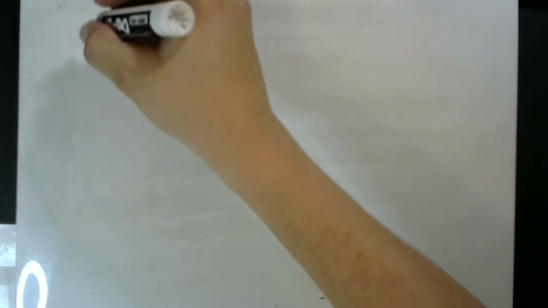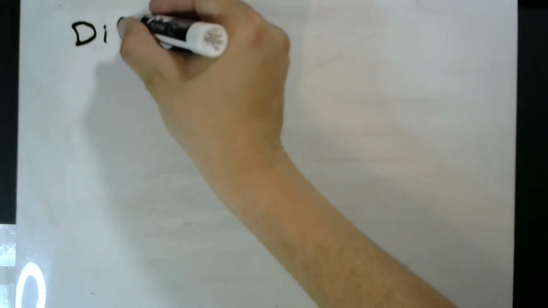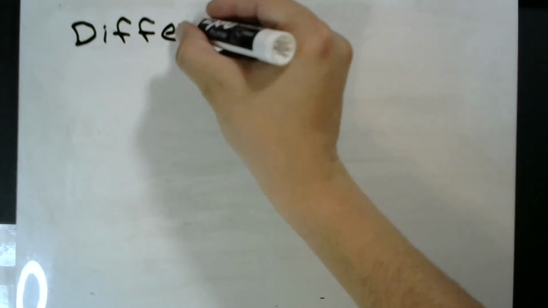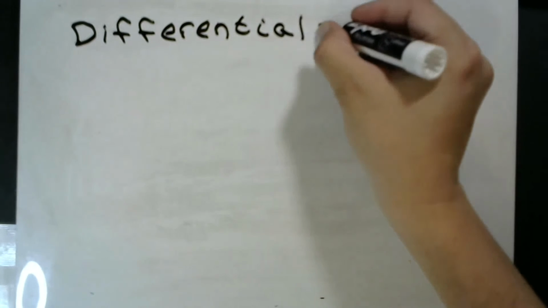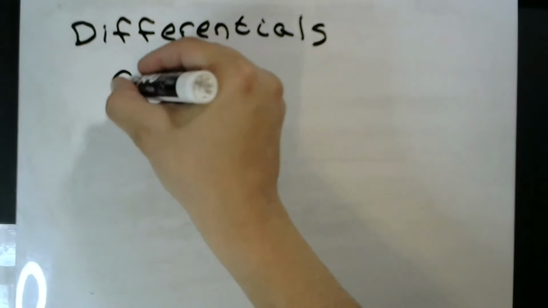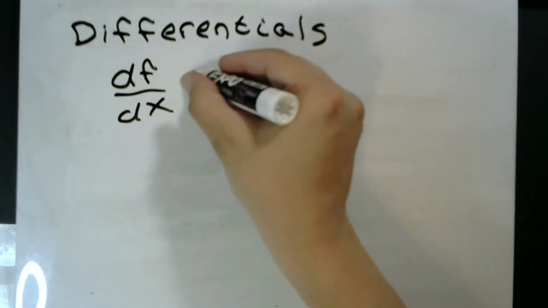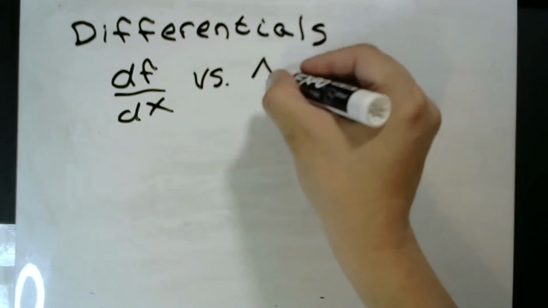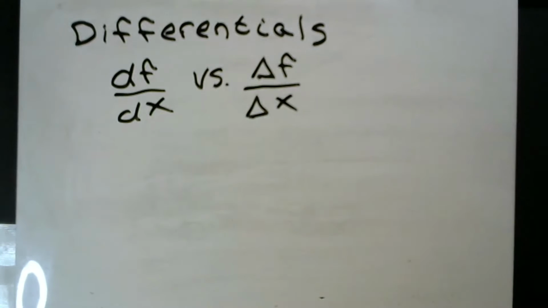Now, the next thing they talk about are differentials. And what we're looking at is something in the effect df dx versus delta f over delta x.